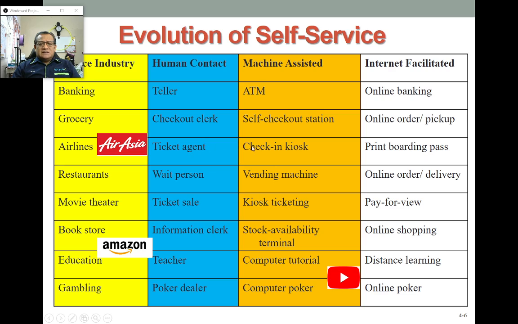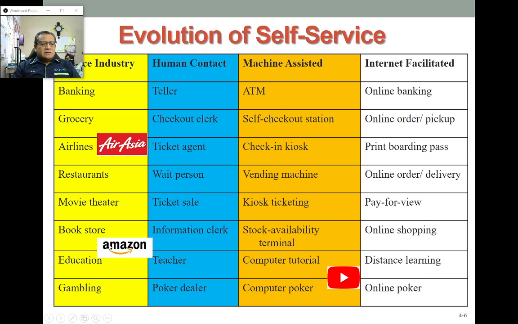Nowadays, you can deal directly with the internet to print the boarding pass in order to board the flight. Or the customer could deal with the machine in the airport, as far as check-in kiosk transactions are concerned. So all these are well explained by self-service in the airline industry nowadays.